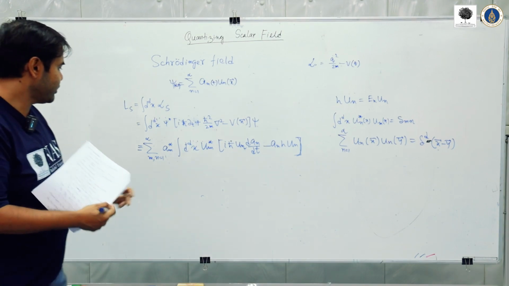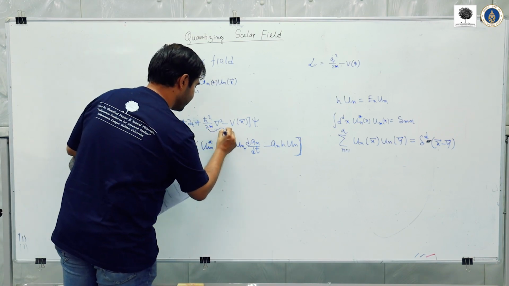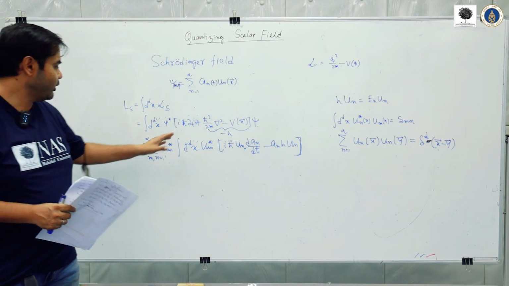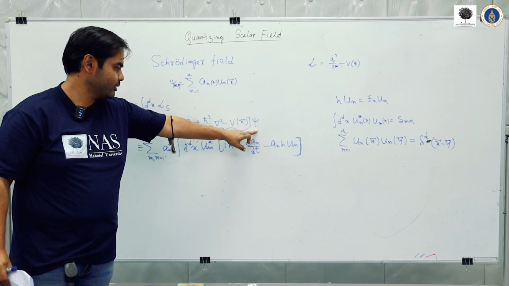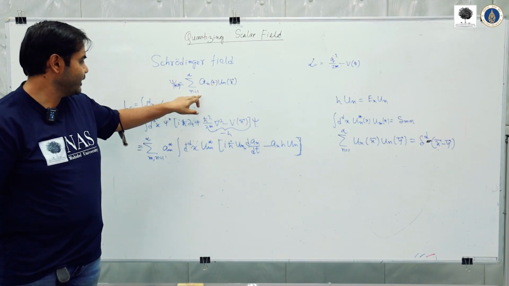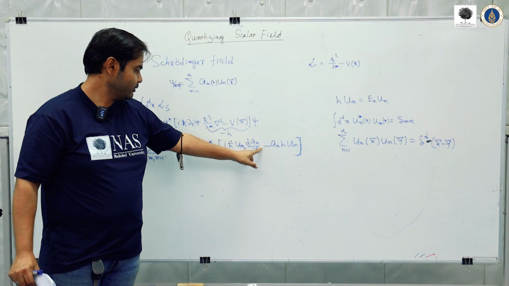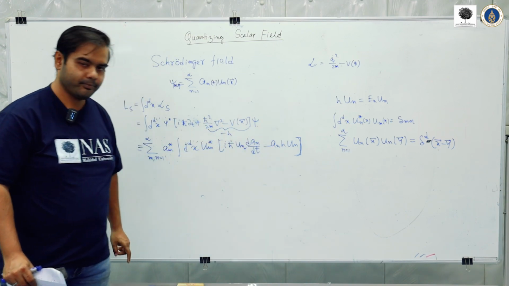So you can see all these operators. I am taking the shorthand that this is just minus h. All these operators act on psi, and psi is expanded with the index n here. So d dt acts on an, and h will act on un only.